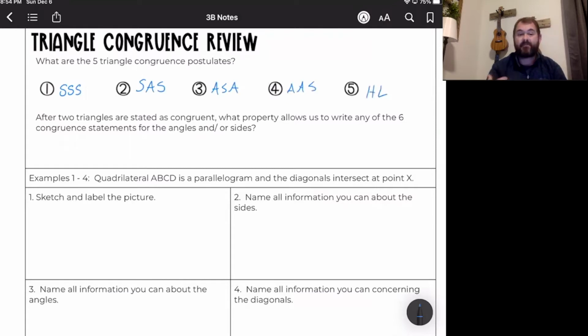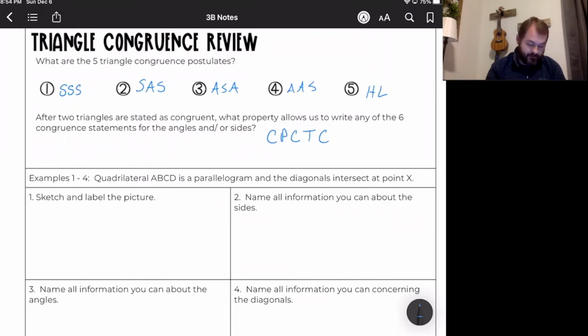Now, after those 2 triangles are stated to be congruent, what property allows us to write any of the other congruent statements for angles or sides? That should be CPCTC. Corresponding parts of congruent triangles are congruent. So this is tying back into the proofs we did in the last unit.